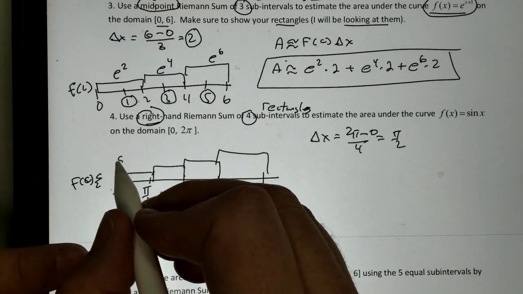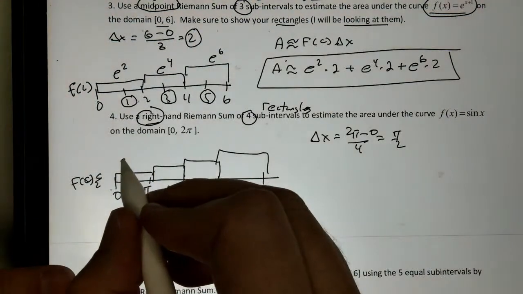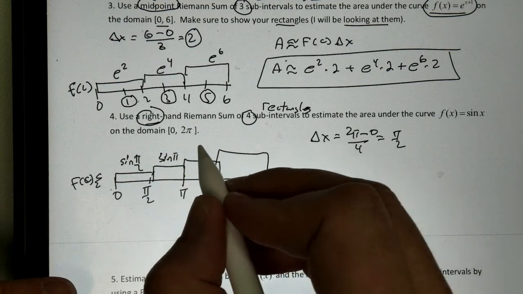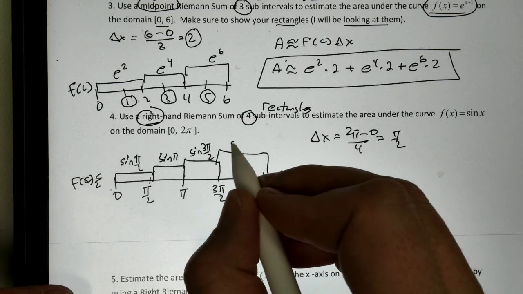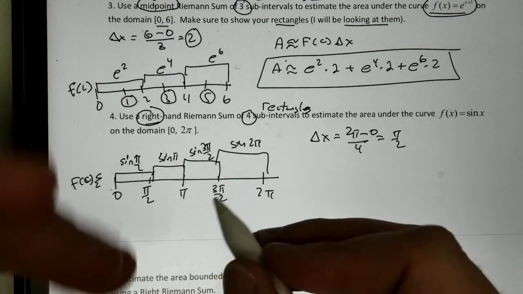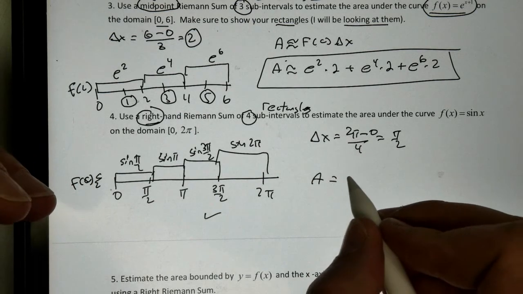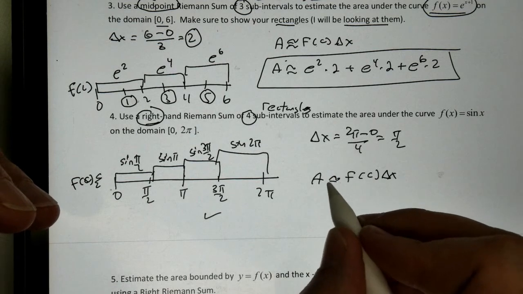So the first one's going to be sine of pi over 2, sine pi, sine 3 pi over 2, and then sine of 2 pi. Now remember, the rectangles are just really there to help you, but I want to see them. So to get our area, we're going to take that f of c, delta x. Now remember, it's an approximation, so squiggly.